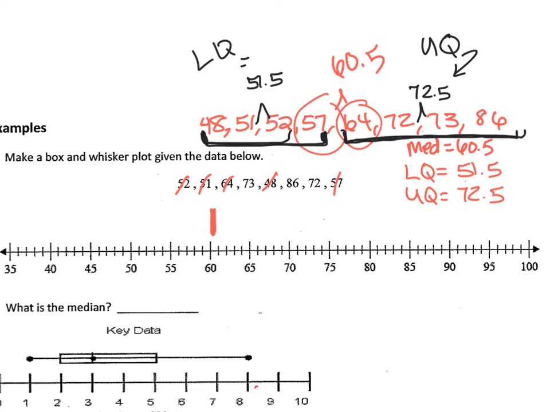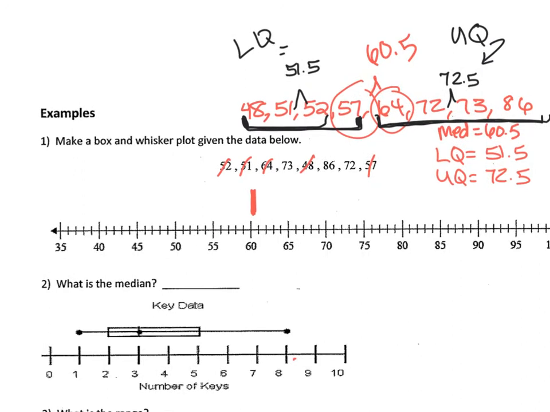Since we already have our median drawn, we can go ahead and put two more lines, one for the lower quartile at 51.5 and one at the upper at 72.5. So we can make a box out of that. So 51.5 about right there, and the upper 72.5, so about right there. Once we have those three quartiles drawn, make a box out of it. Connect them.